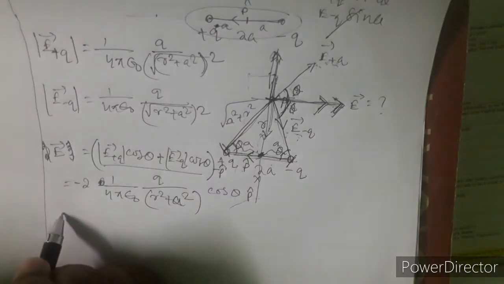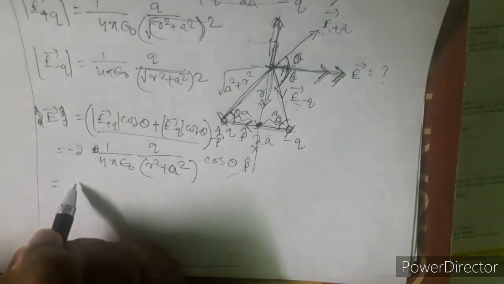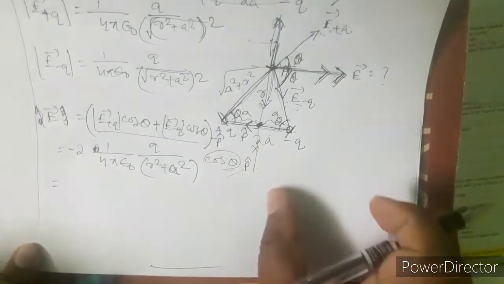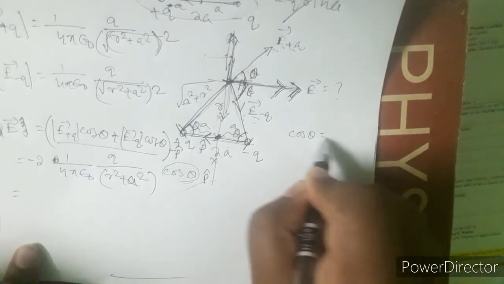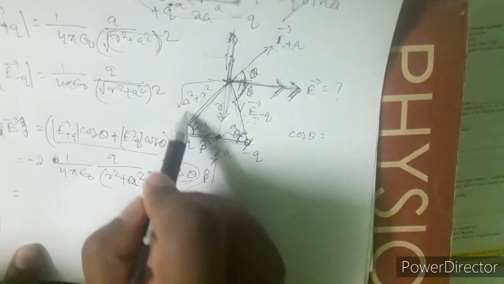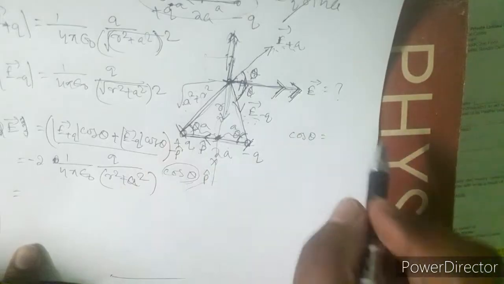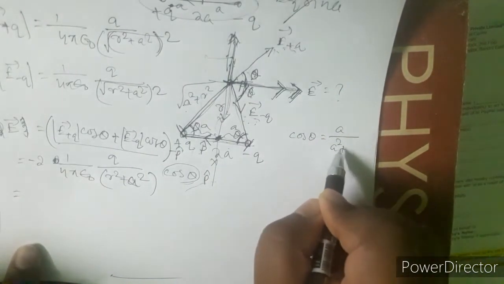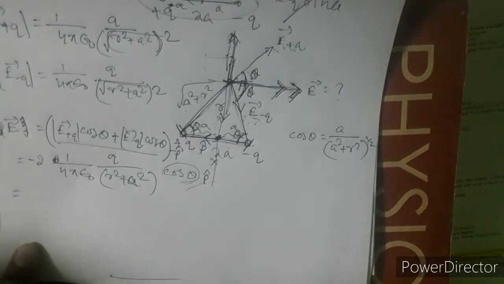So now you can simplify it. In this step we will remove cos theta. So what will be cos theta? As you know, from here you can clearly see that cos theta is equal to, this is theta, so b by h. What is b? The base here is a, and h is root over r square plus a square. So cos theta is a by the root over a square plus r square, which I can write as power half.